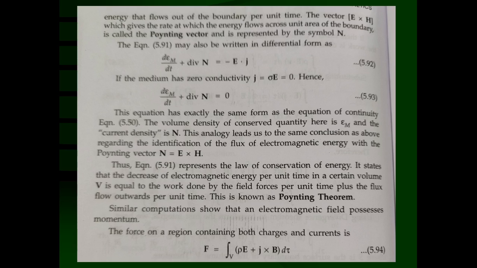The vector E cross H, which gives the rate at which the energy flows across the unit area of the boundary, is called the Poynting vector.